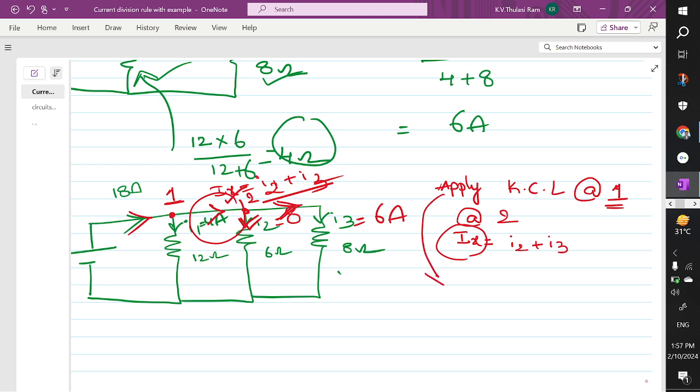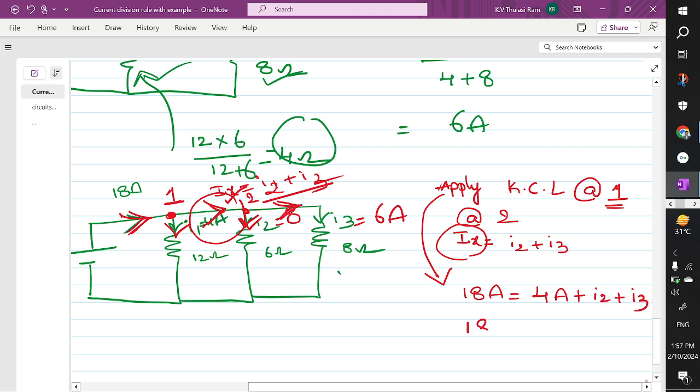Now apply the same KCL at node 1. What is the entering current to node 1? 18 amperes. What are the leaving currents? I1 is leaving, which is 4 amperes, plus this is also leaving, which is I2 plus I3.